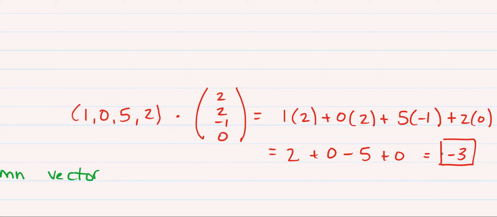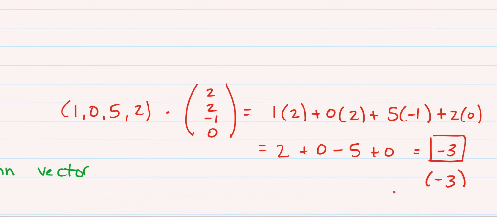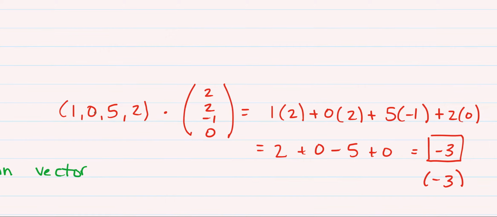We just didn't add the parentheses, but you can say this is negative 3 like this. But it's 1 by 1. And this is also called the dot product. I'm sure you've seen the dot product before.